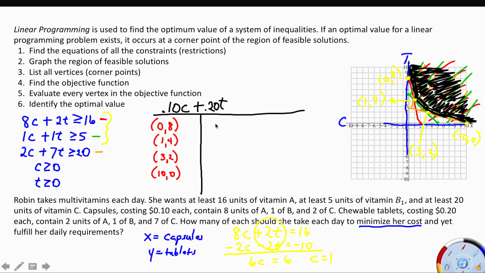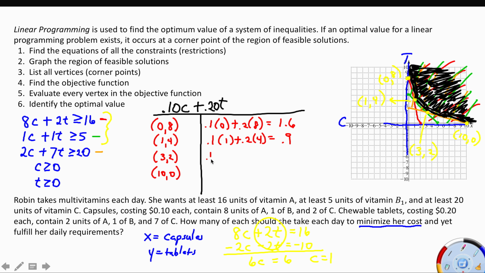So this would be 0.1 times 0 plus 0.2 times 8, which is 1.6. Okay, this would be 0.1 times 1 plus 0.2 times 4, which would be 0.1 plus 0.8, 0.9.